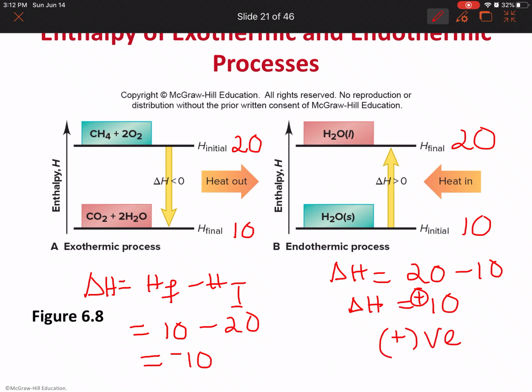For an exothermic process, delta H is negative because it's releasing. Since the heat is out, in an exothermic process, heat is released, so you can consider heat as a product. In an endothermic process, you can consider heat as a reactant.